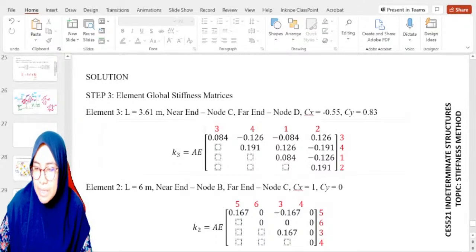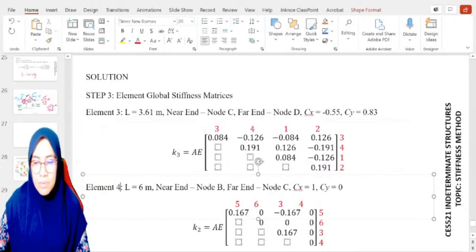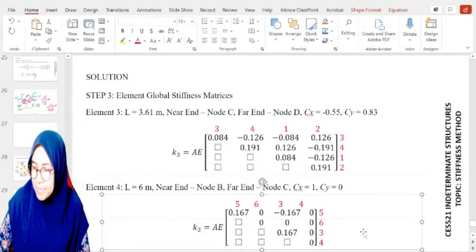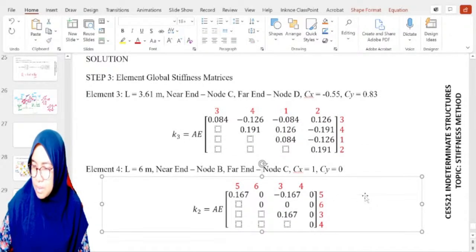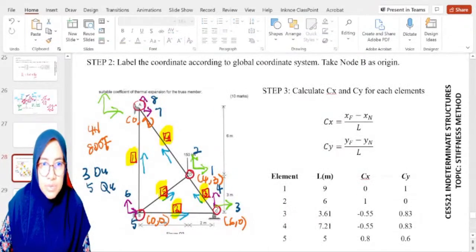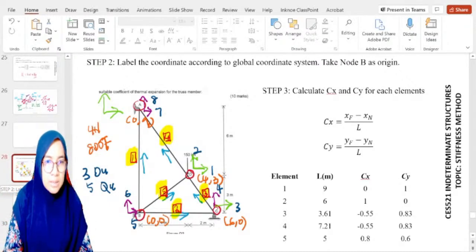So we move to element number 4. We need to refer back to this. It is 7.21. Check again.